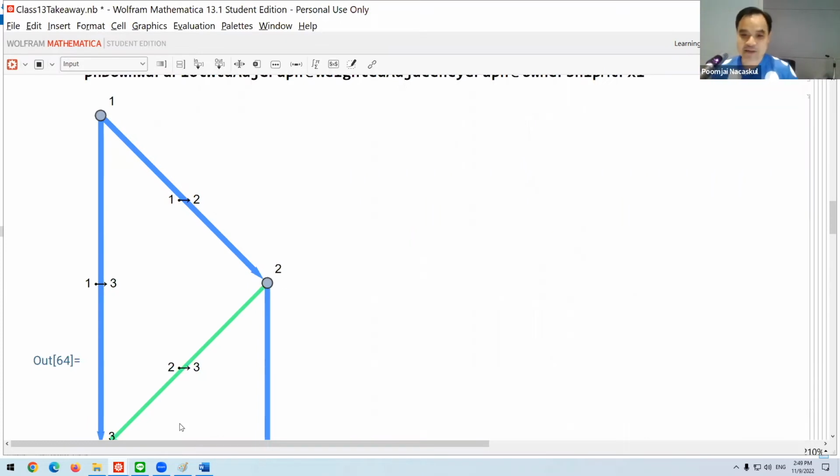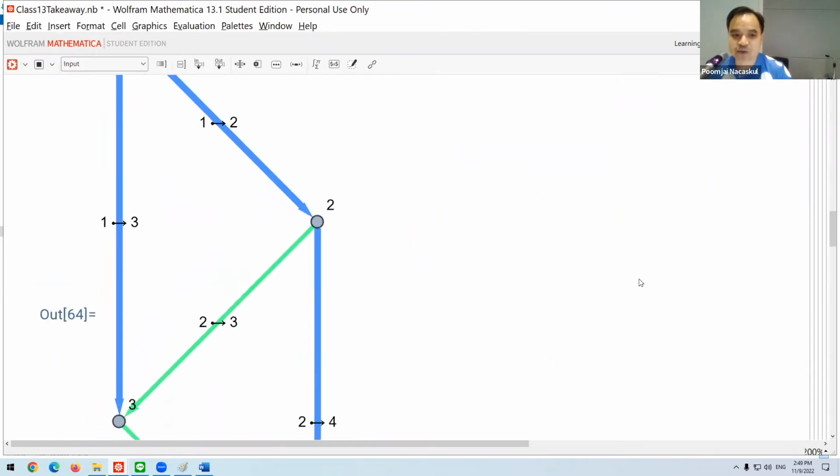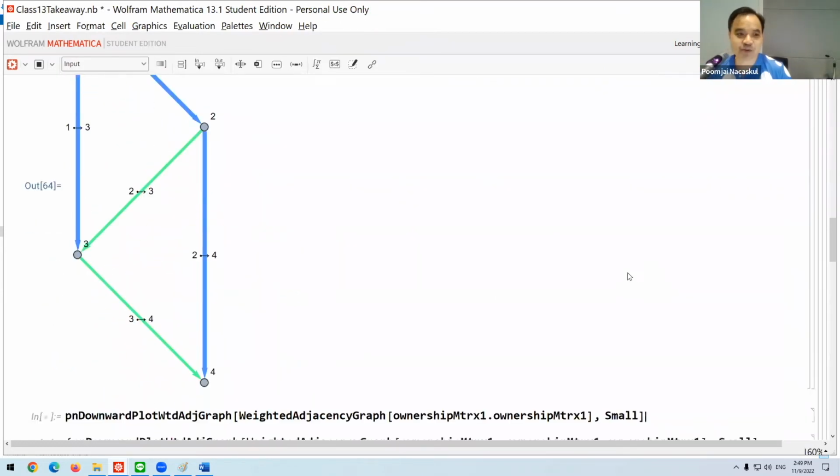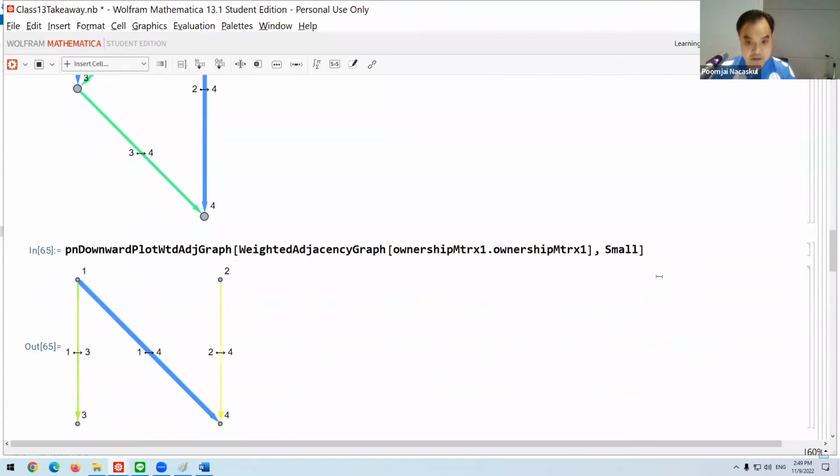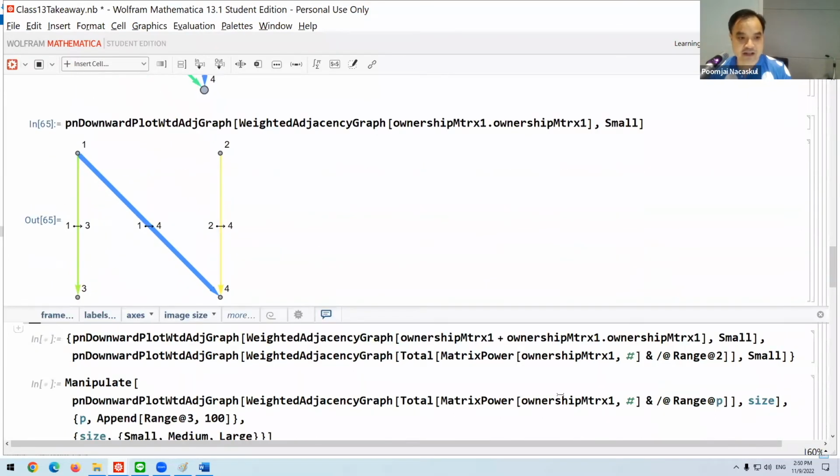And this is where matrix computation comes in. So let's do parent to grandchild. So this is it. Now, this is just the matrix square, matrix dot matrix.